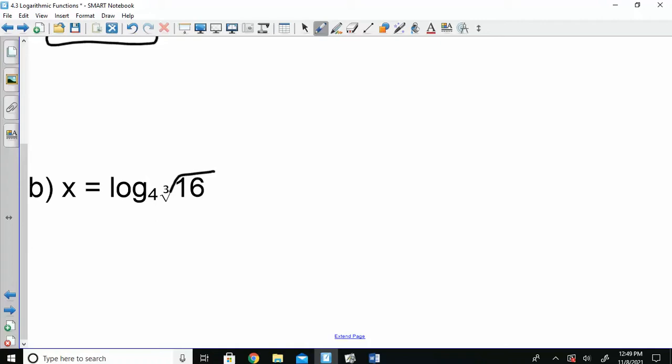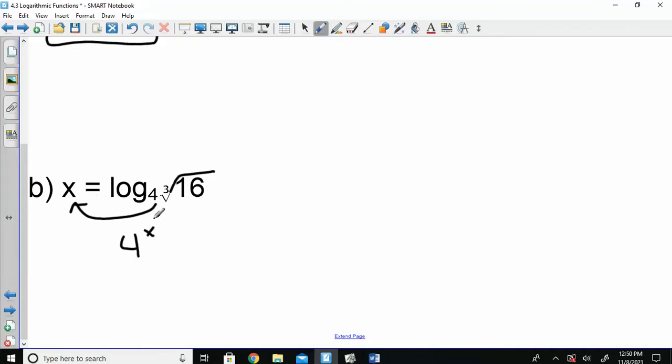So log base 4 of the cube root of 16. Any suggestions on what you want to do here? There's a couple different ways of doing this problem. Okay, we could go to exponential.